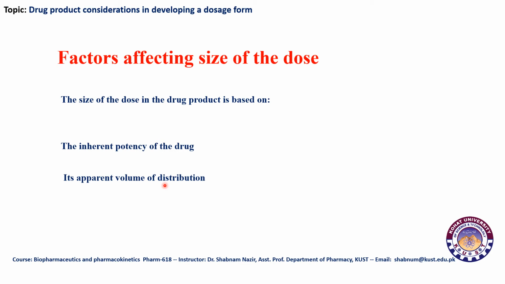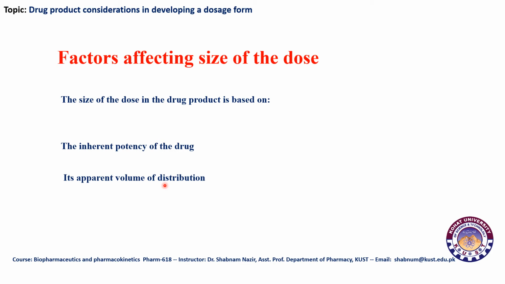In that situation, the higher apparent volume of distribution is actually helping the drug reach far areas, and so in small doses the drug will perform its action. You can understand that though apparent volume of distribution is important in deciding the size of the dose, it is very important to understand where the site of action of the drug is.